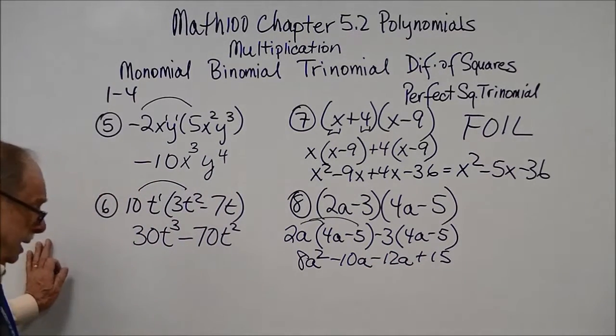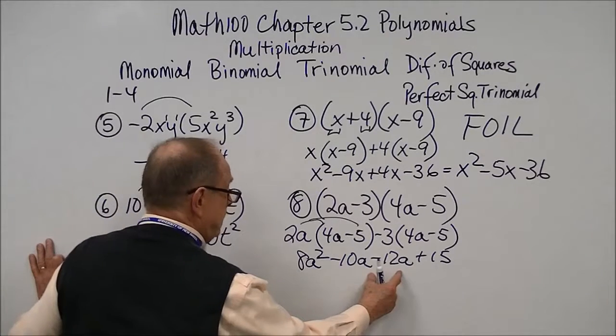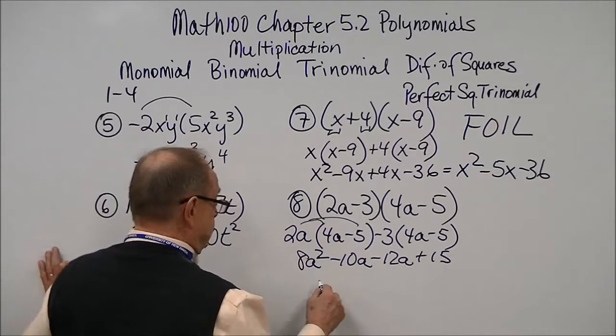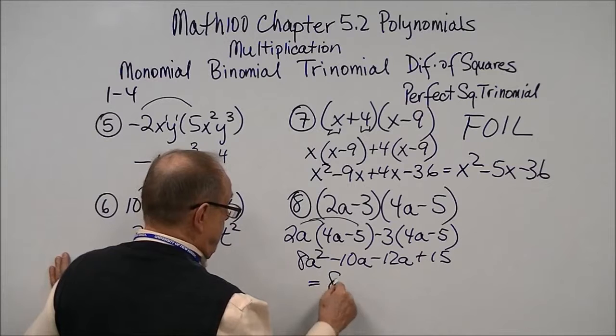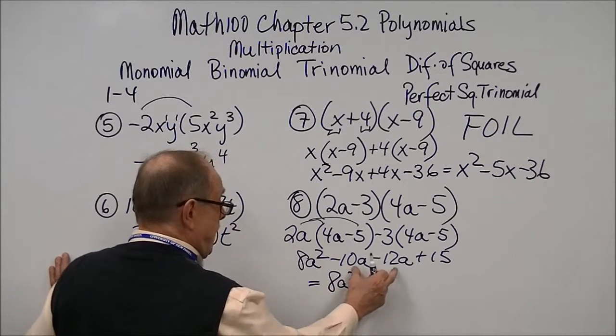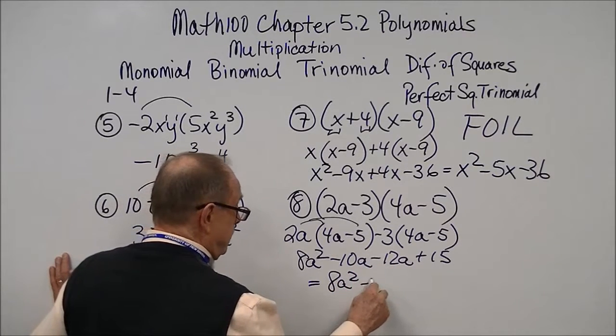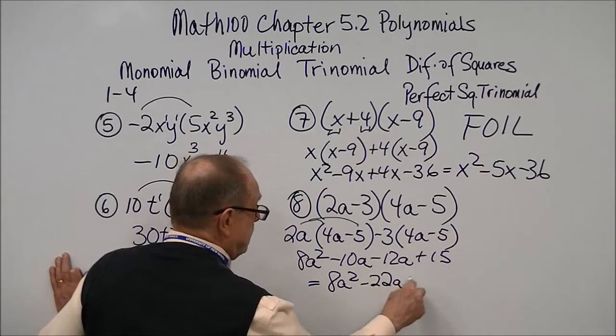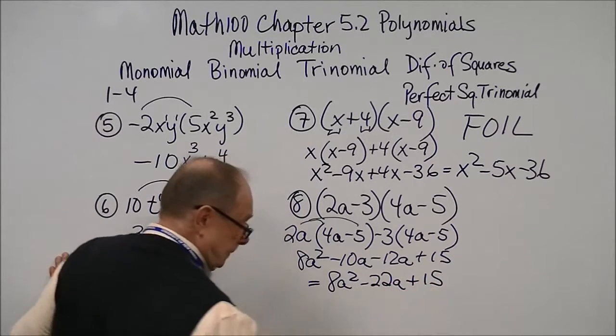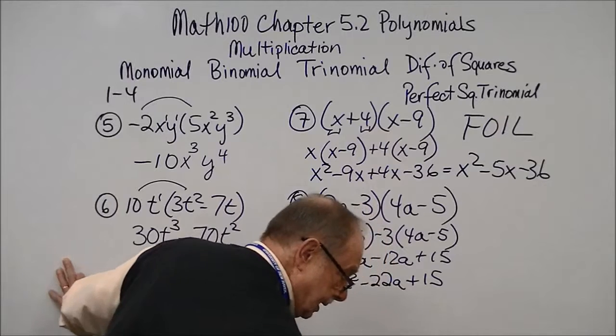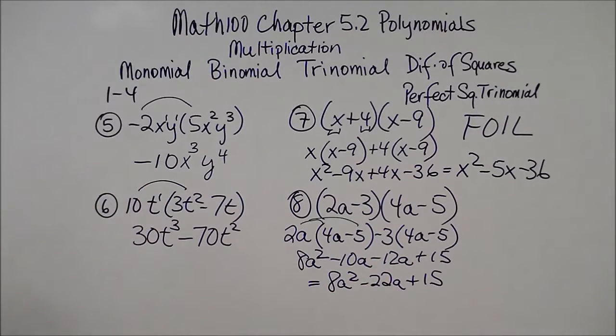Again, you see there are like terms in the middle. So this will give you 8a squared. Add these two like terms up: negative 22a plus 15. And everything looks good.